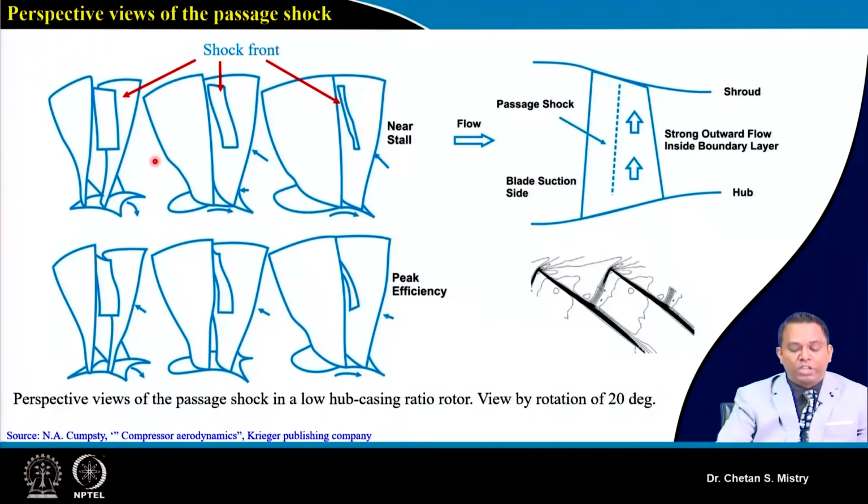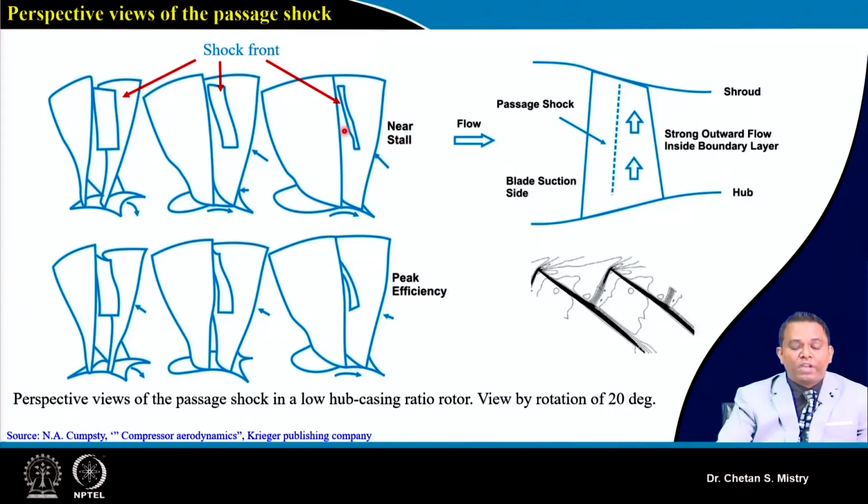So this is a low hub casing ratio rotor, being tilted at a 20-degree interval in order to realize the shock front. Here you can see this is under near stall condition. Above around 40% of my span we will have a shock front forming. This is the exact location when we are tilting at 20 degrees.